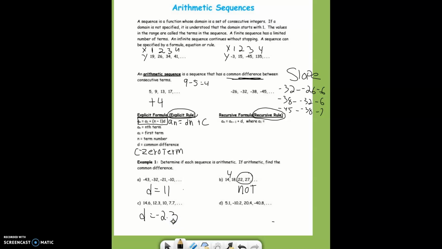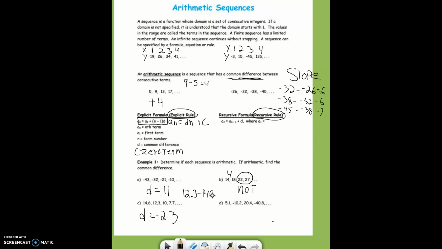And again, what I did is I subtracted the second one from the first one, okay? And they all have the same pattern. And then you'll notice the second one, you can kind of tell it's going positive, negative, positive, negative.